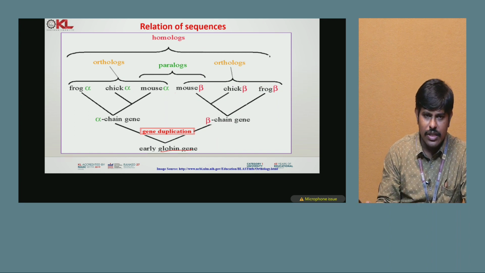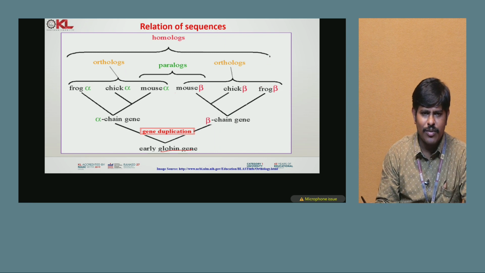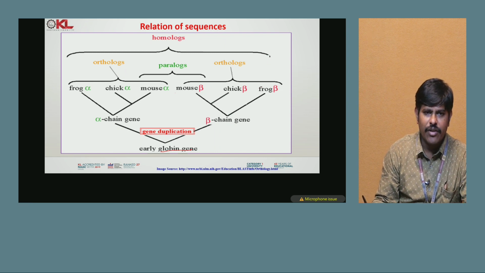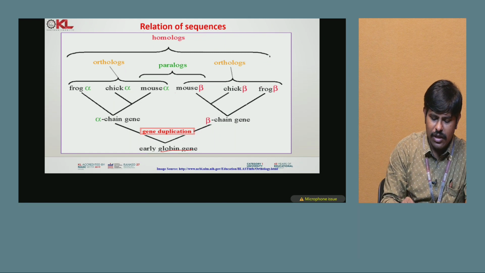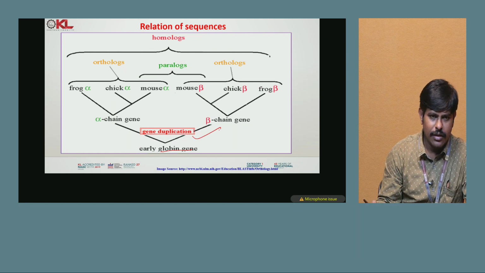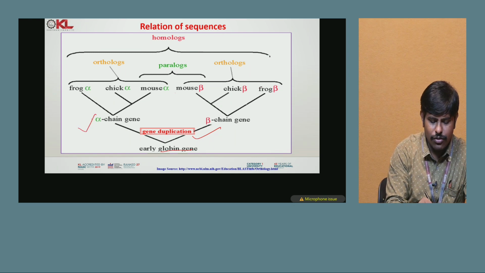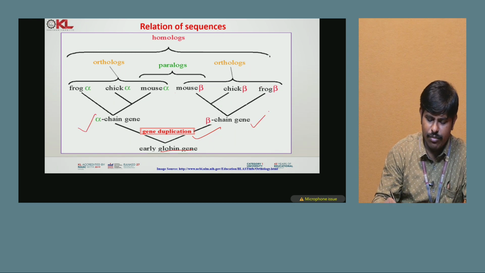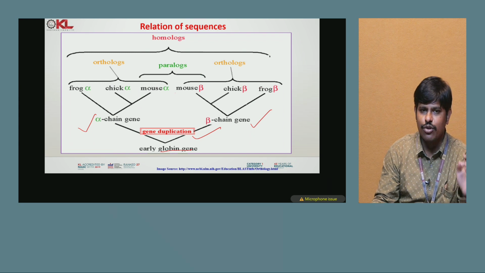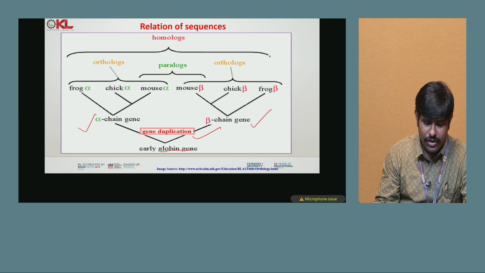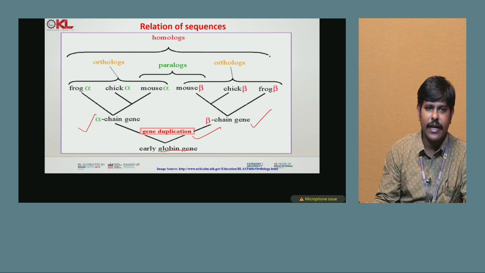So this early globin gene, because of some chromosomal aberrations or some kind of events at the level of the DNA sequence, has been duplicated, and the early globin gene has now formed into an alpha chain gene and a beta chain gene. It has become duplicated and might have undergone some changes so that they have separate identities.